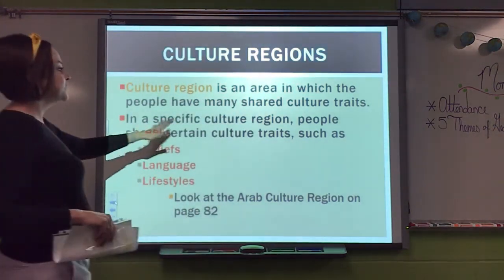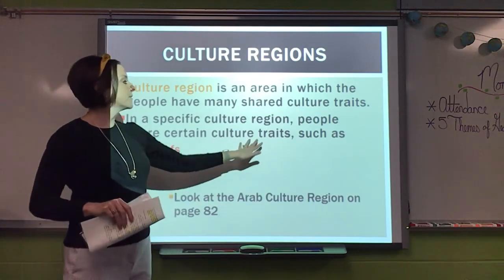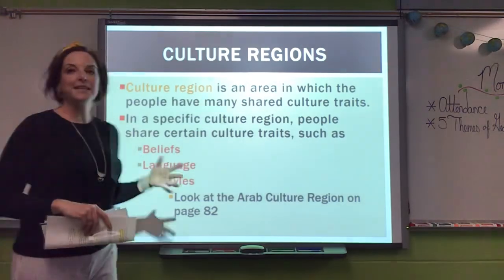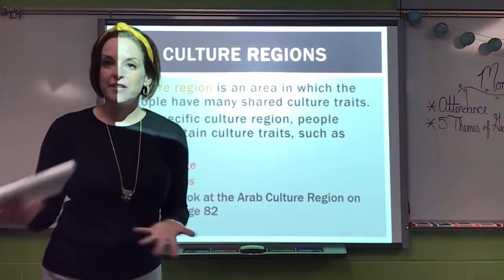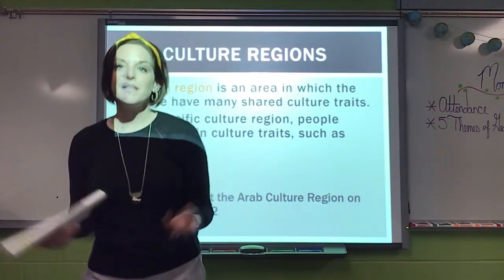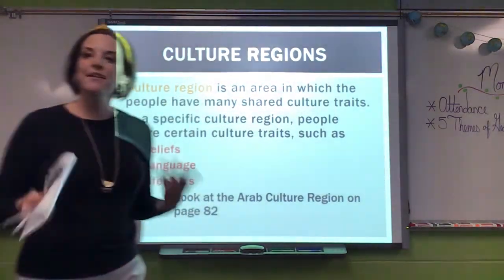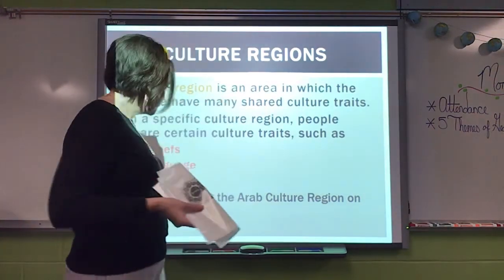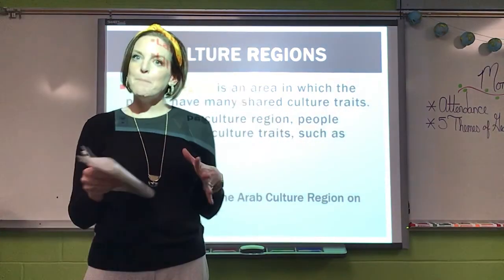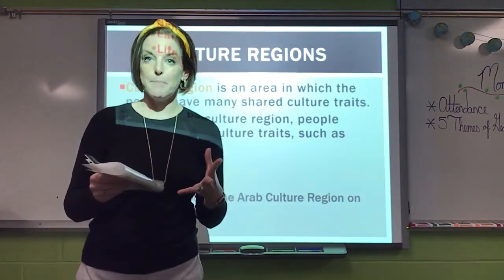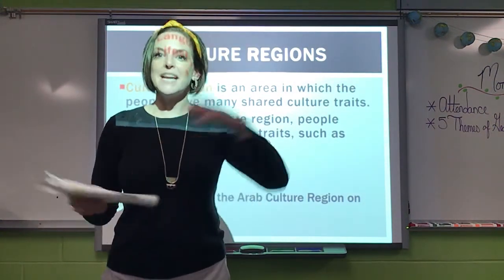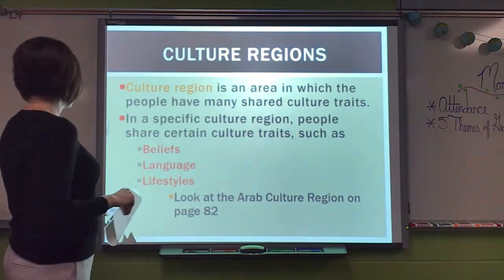In a specific culture region, people share certain culture traits, such as, but not limited to, your beliefs. You share some of the same beliefs, the language you speak, the religion you practice, the lifestyle you live. I believe, do I have a page? Yeah, page 82. There's a big visual on page 82 with the Arab culture region. That's a spectacular example of a culture region.